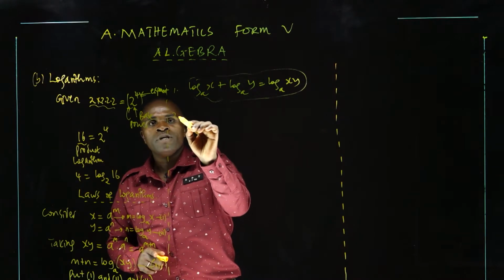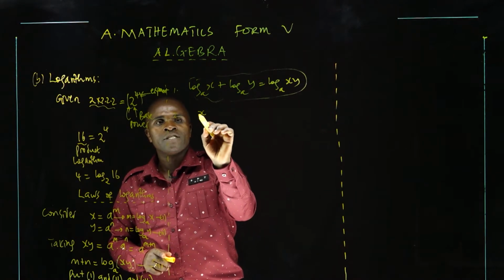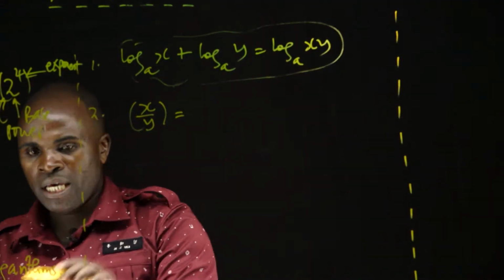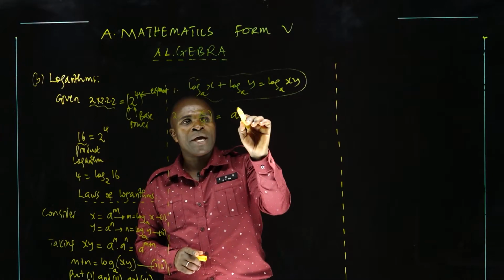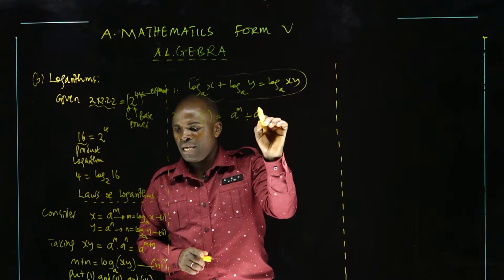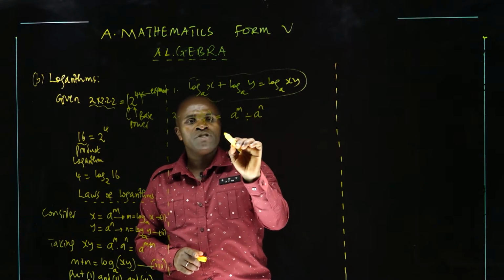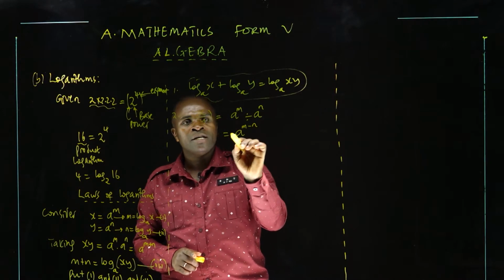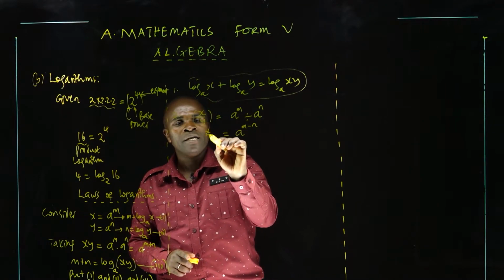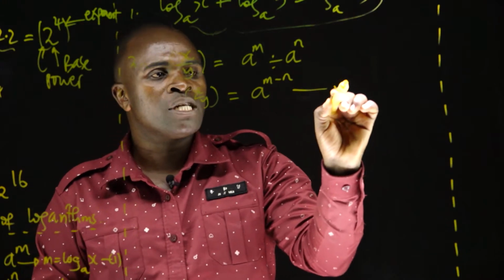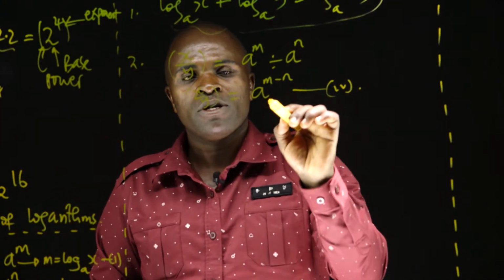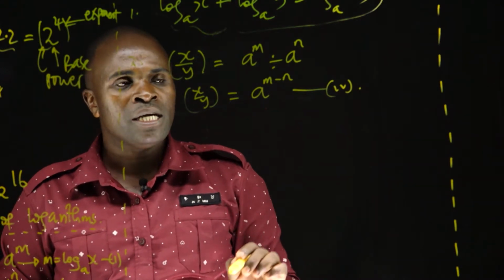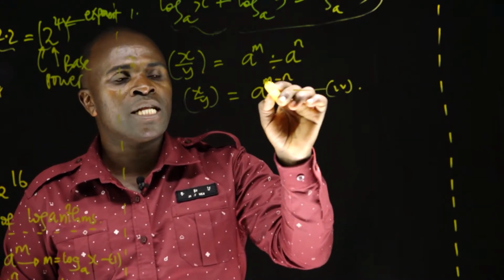Rule number 2, suppose we take x divided by y. From here, one could take a power m divided by a power n. This is the same as a power m minus n. So x over y, we can call this equation number 4 anyway. Writing this in logarithmic form, class, what is happening is simply taking the entire expression as an exponent.